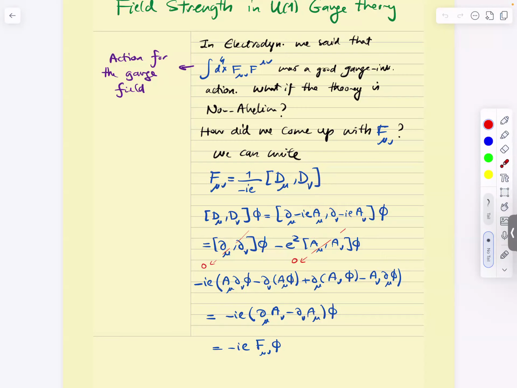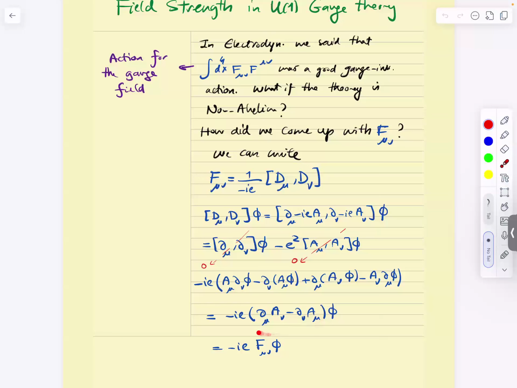The commutator of these two will come from del mu acting on A nu, and that's basically where it comes from, because these guys will commute. These are just like 1-by-1 matrices. These are functions, right? So the commutation relations come from the fact that del mu can act on A nu. So once you expand this, you're going to find that this is minus ie times del mu A nu minus del nu A mu acting on phi.